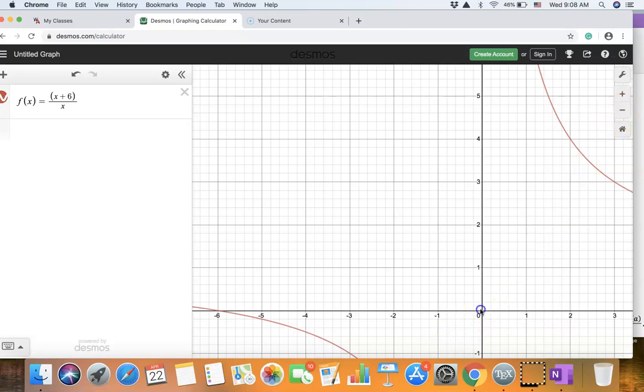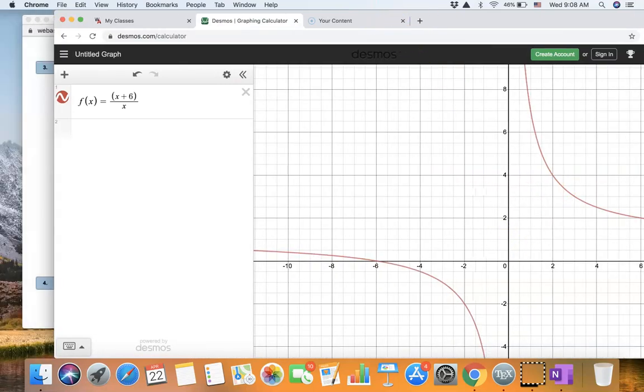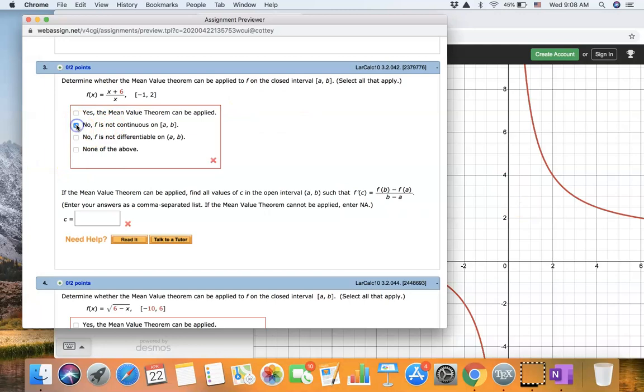Because when x equals 0, the function is undefined. So according to the definition of continuous, the function is not continuous on the closed interval, right? Because it is not continuous at 0.